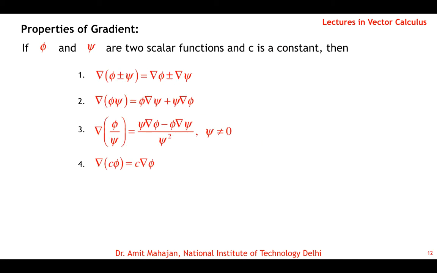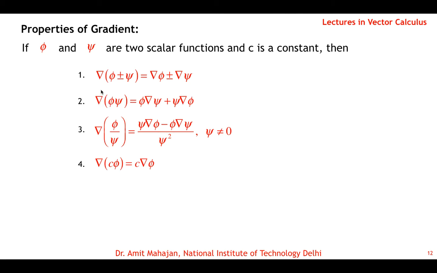Some of the properties of gradient. If you have two scalar functions phi and psi, and c is any constant, then the gradient of a sum is the sum of gradients, and the gradient of a difference of functions is the difference of individual gradients. The gradient of a product of scalar functions is obtained by using the same rule of derivatives: derivative of uv is u derivative v plus v derivative u.